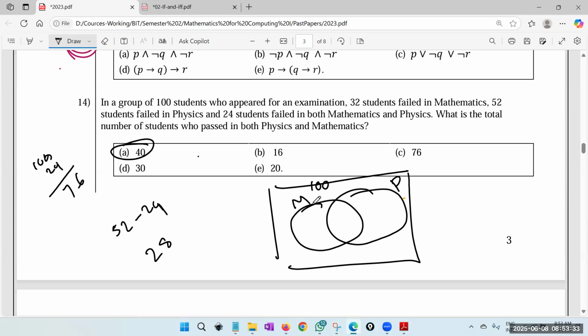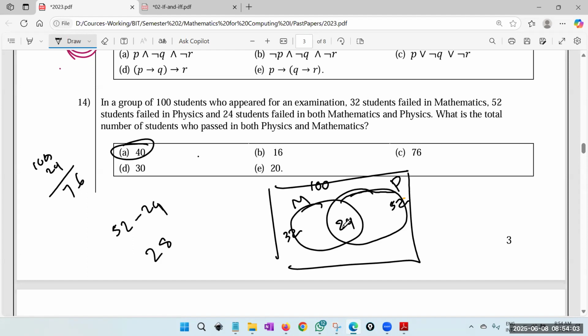32 students fail maths. So that means here 32. 52 students fail physics. That means here 52. In this set. 24 students fail both maths and physics. I think that is easy, right? What is the total number of students who passed in both physics and maths?